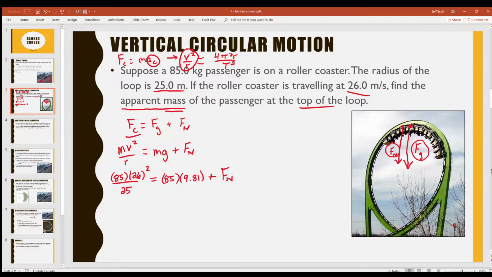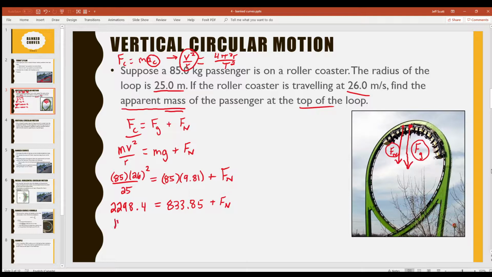Calculating this through, we're going to get this side of the equation is 2,298.4, and that's going to equal this piece, which is 833.85, plus your normal force. Now to get your normal force all by itself, we need to subtract that 833.85.